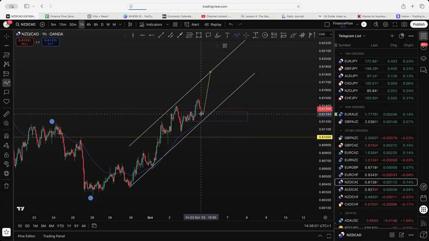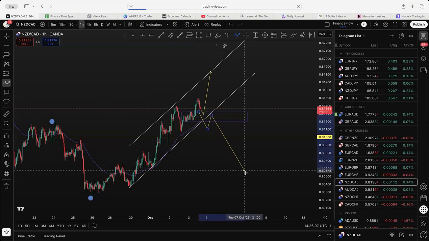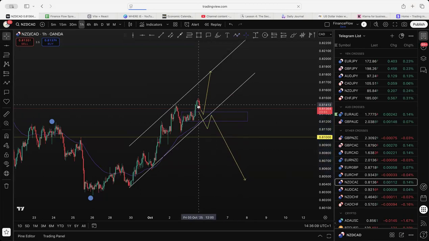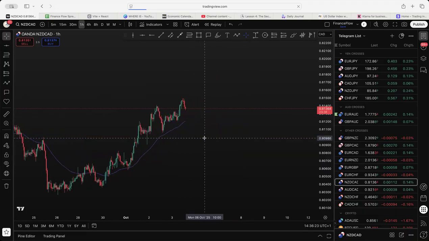Or the only way to sell this to the downside, double confluence here, would be something like this, because we'd have broken through all of this support, through the EMA, through the channel. So you'd be pretty free until 0.81. So that's probably what I would be looking at here.